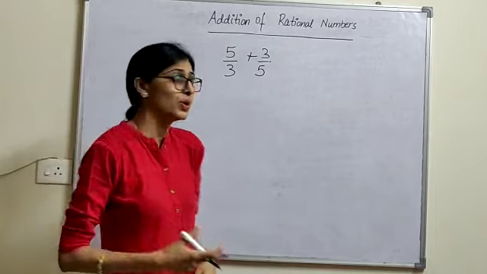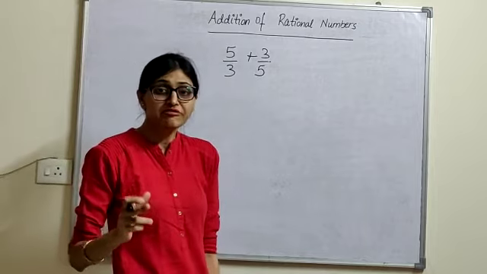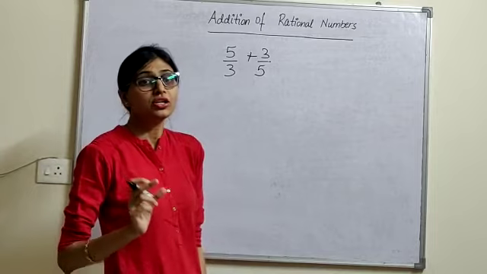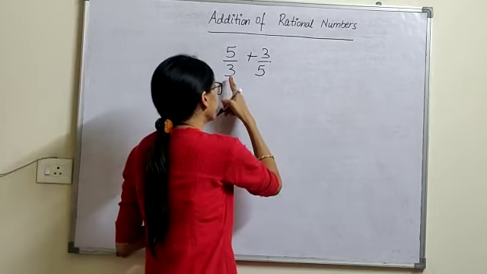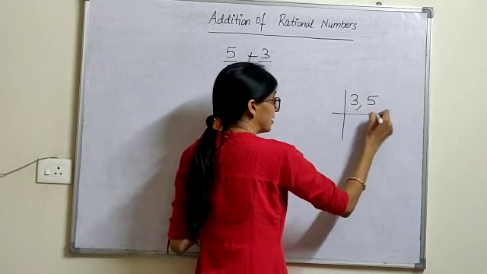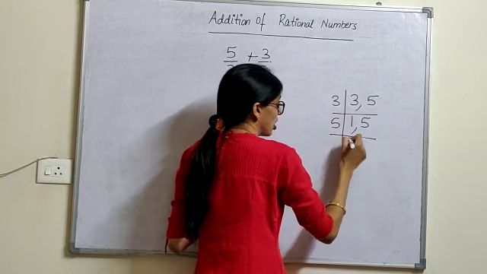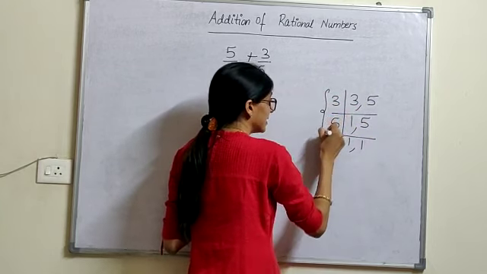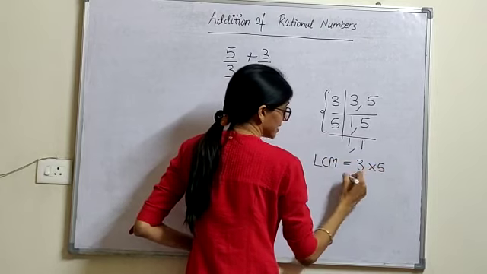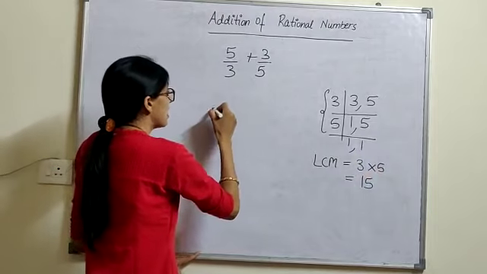In such questions, whenever the denominator is not same, you have to take the LCM of the denominators. The denominators are 3 and 5. Take the LCM of 3 and 5. 3 comes in the table of 3 and 5 comes in the table of 5. Multiply these two numbers, you will get the LCM. So 3 into 5 is 15.